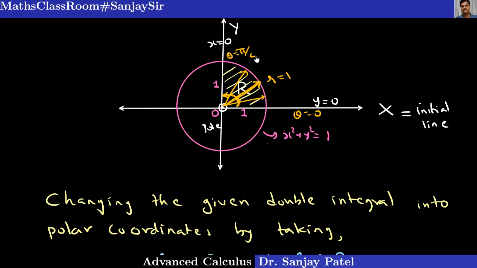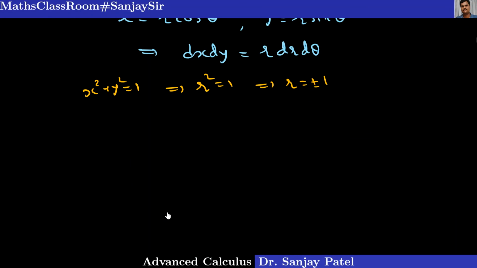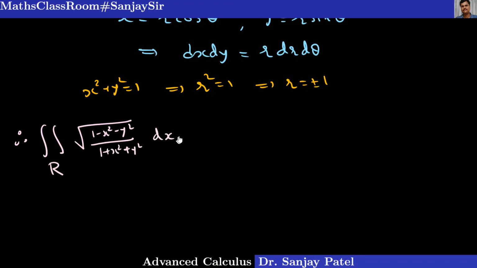Okay, so I can write down the required integral as, therefore, the double integral over the given region R of square root of 1 minus x square minus y square upon 1 plus x square plus y square dx dy is equal to the double integral, theta varies from 0 to pi by 2 and r varies from 0 to 1.